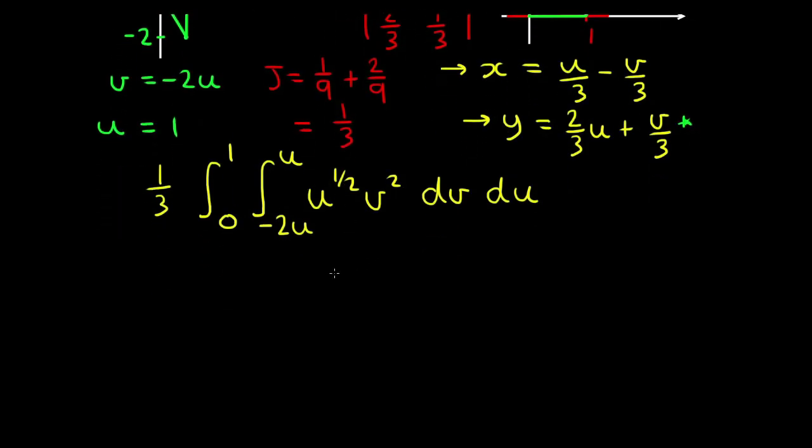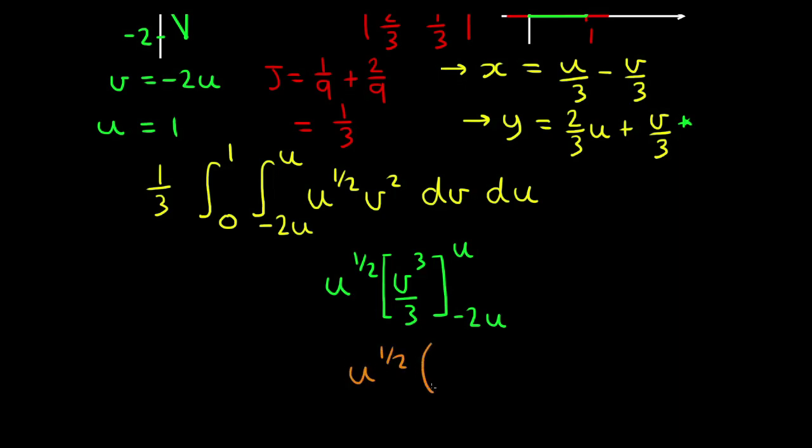So evaluating the inner integral, we have u to the half by v cubed on 3, evaluated at minus 2u and u. So that gives u to the half by u cubed on 3 minus 8u cubed on 3.